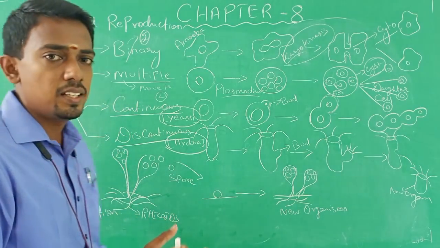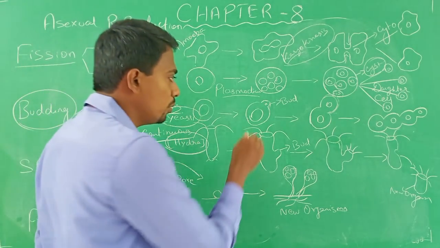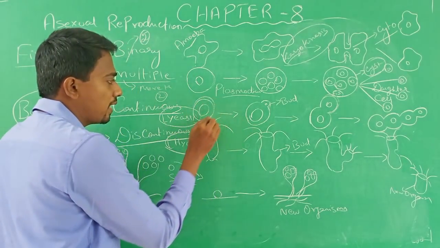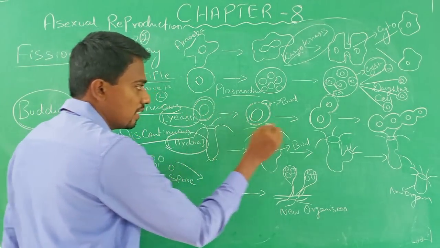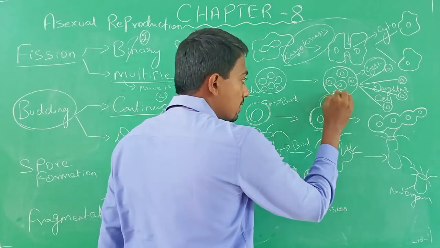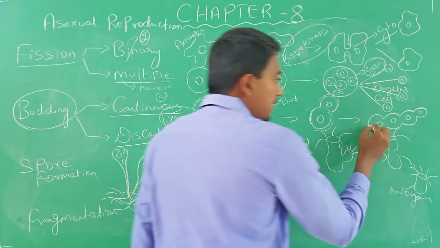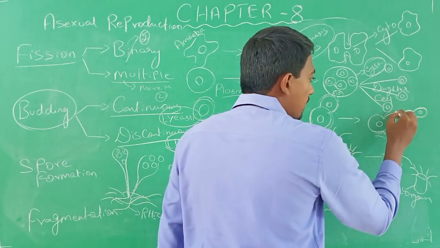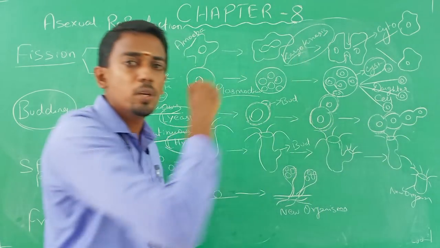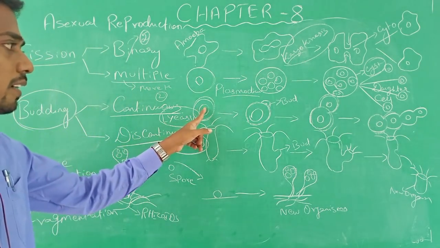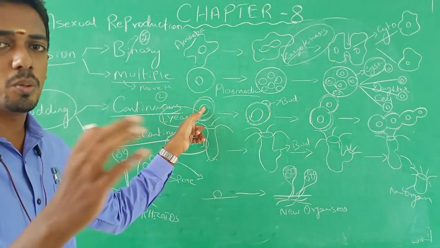Here the parent identity remains. So now you can clearly tell this is the parental cell, and this is the daughter cell that developed, and this daughter cell has produced a new daughter cell. So here you can clearly tell which one is the parent and which one is the offspring.